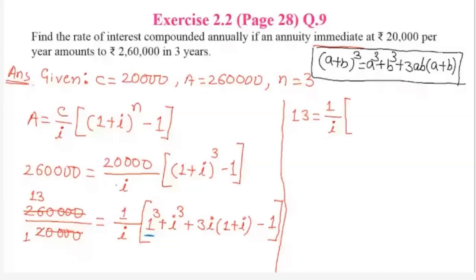Dhruv, 1 raised to 3 is how much? 1. So let me write that 1. 1 raised to 3 is 1. Then what can you see next? Plus I raised to 3. Can you see I raised to 3?